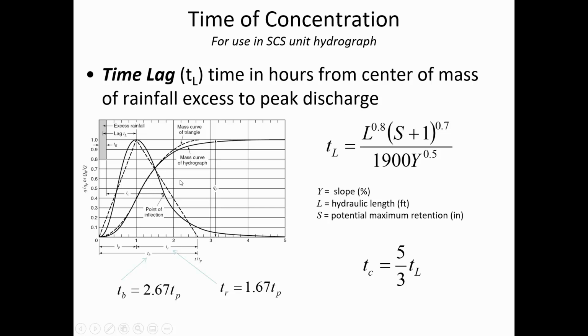Here's the formula that we use to calculate lag time, and you've used different formulas in the past to estimate the travel time when water is flowing over the surface of a watershed before there's any shallow concentrated flow. You remember that for a parking lot you used the Kirby method, the FAA method, the Kirpich, kinematic wave.